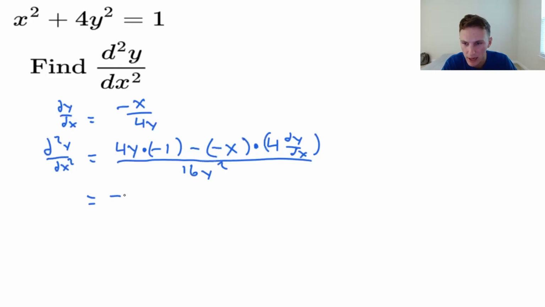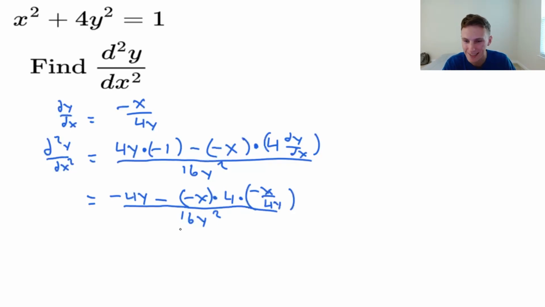So this will be negative 4y minus, and then this will be negative x times 4 times dy/dx, so times negative x over 4y. So I'll put everything in parentheses, don't worry, so we're not confused. Okay, and then all over 16y squared.